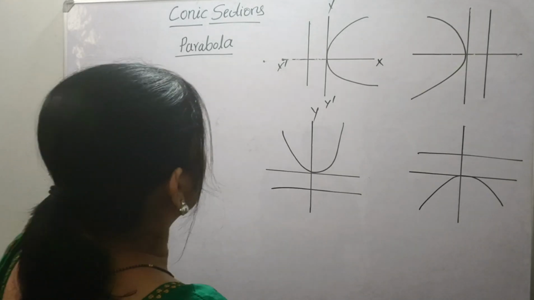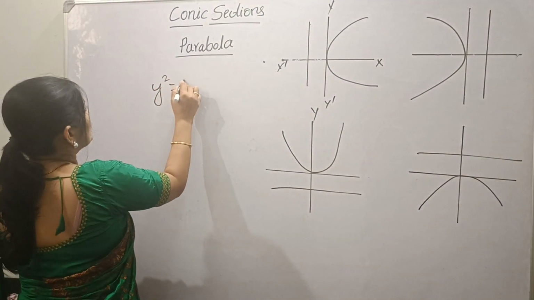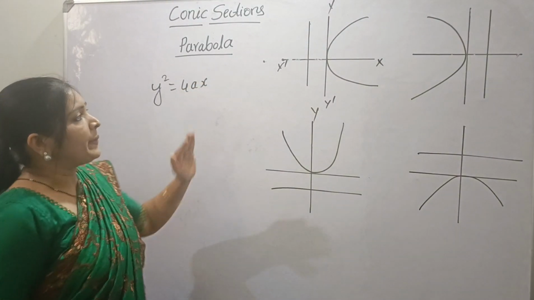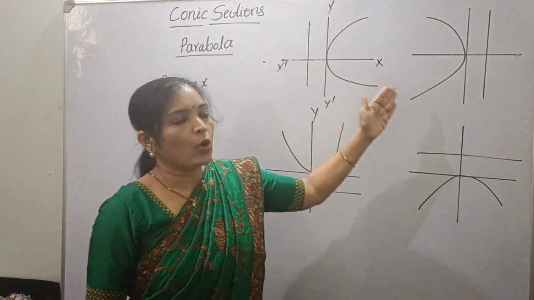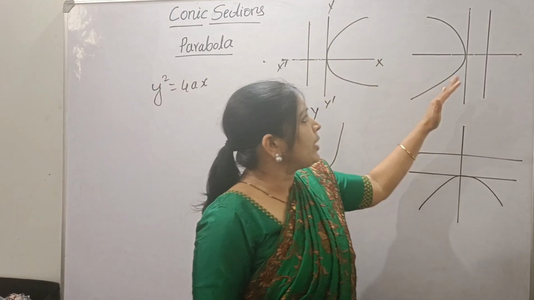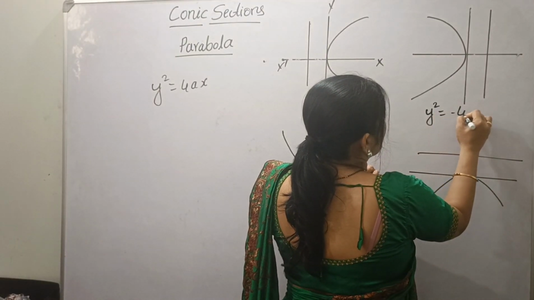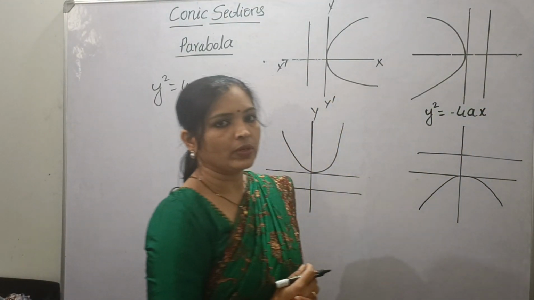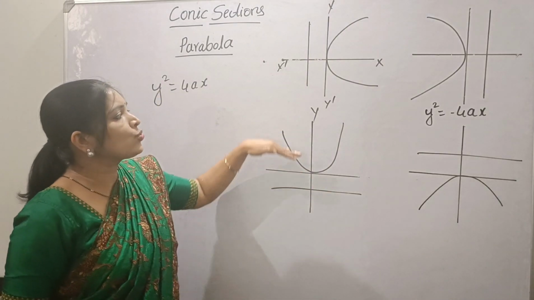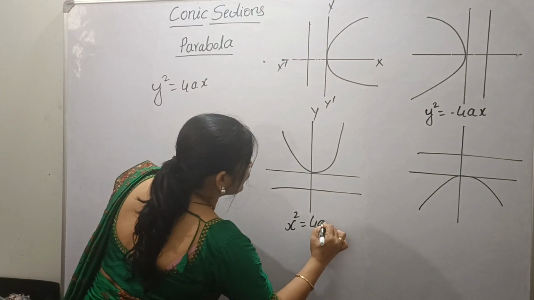Now see, we have found the equation of the parabola. That is y square is equal to 4ax when the parabola is towards the positive x-axis. And remember, if the parabola is towards the negative x-axis, the equation is y square is equal to minus 4ax. And if the parabola is towards the positive y-axis, the equation is x square is equal to 4ay.